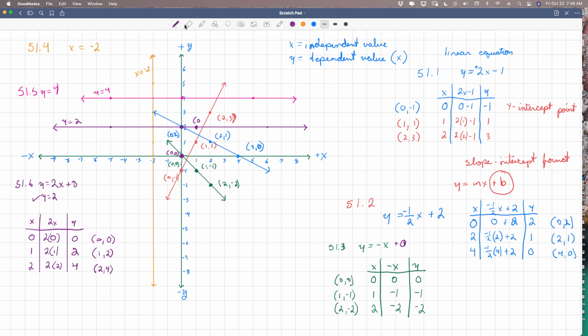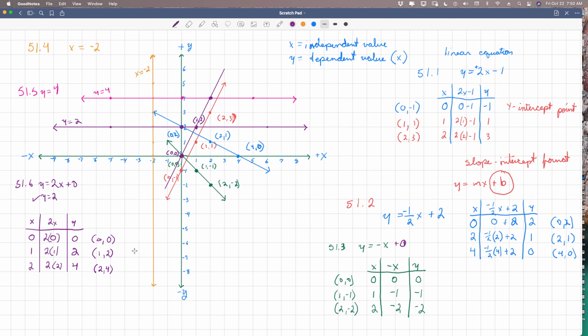Oh, hang on, that's wrong. It's supposed to be 1, 2 is that point. And then 2, 4. So 2, 4 is our next point. And so then we would just draw a line right through those points.